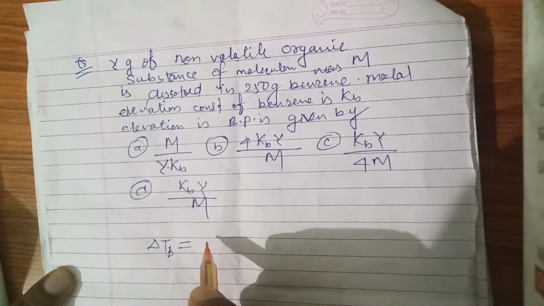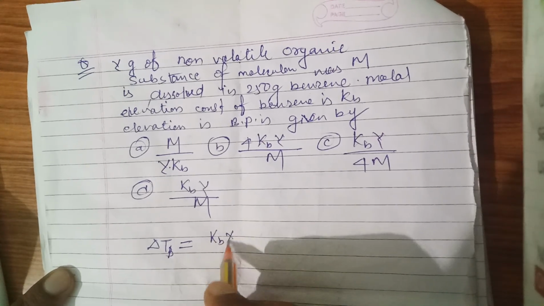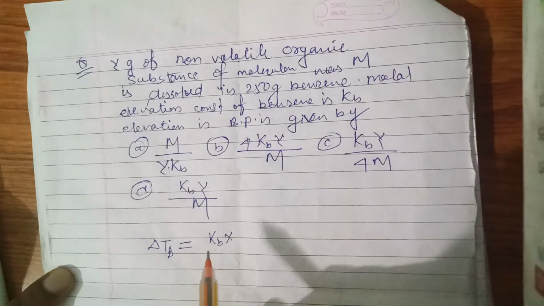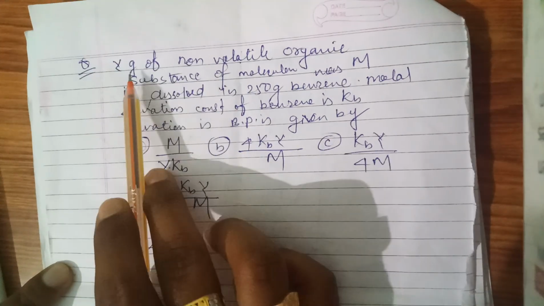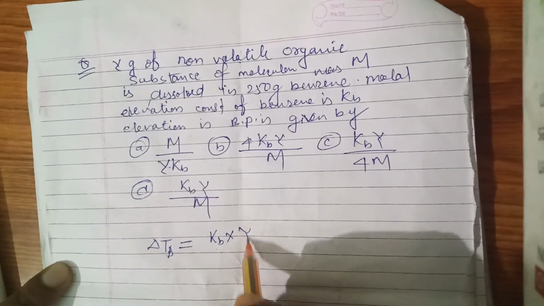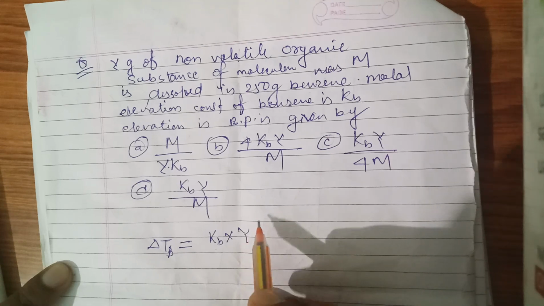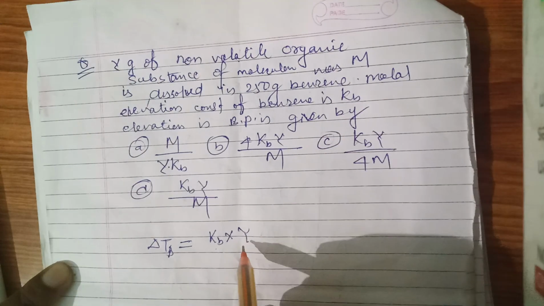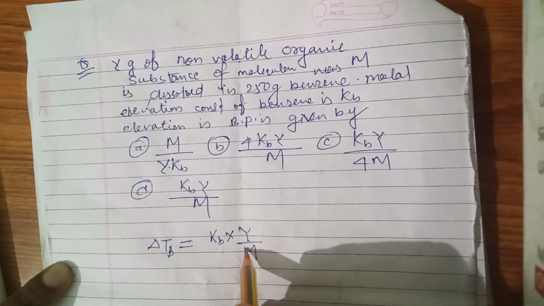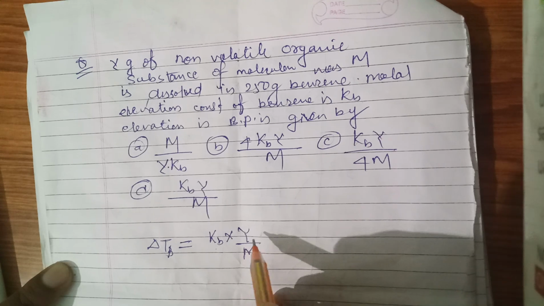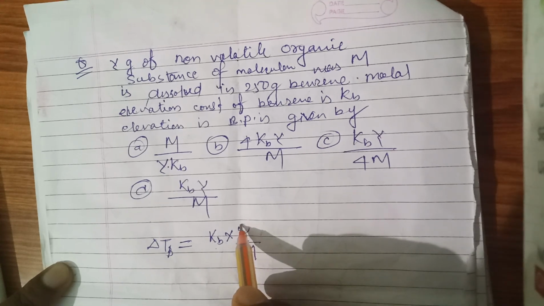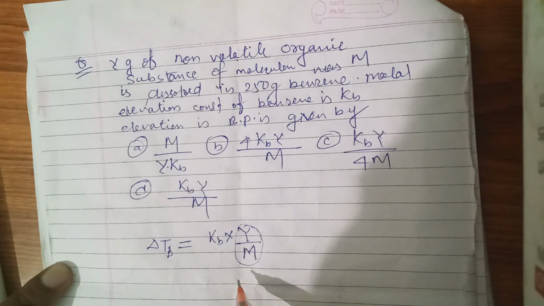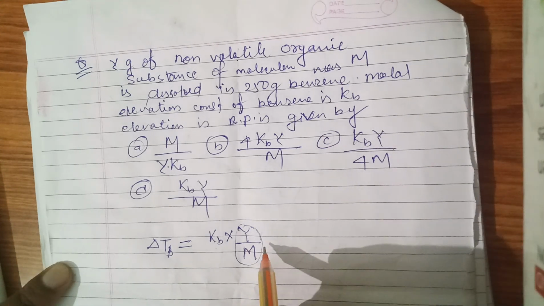We are given that the molar elevation constant is Kb, into Y gram of the non-volatile substance of molecular mass M. So Y upon M gives the number of moles, and we are given the mass of the solvent.